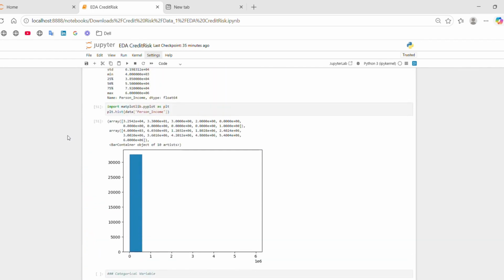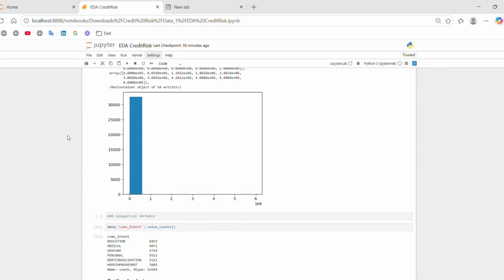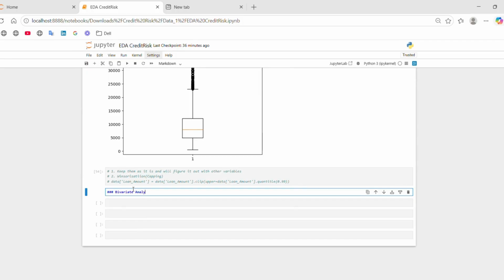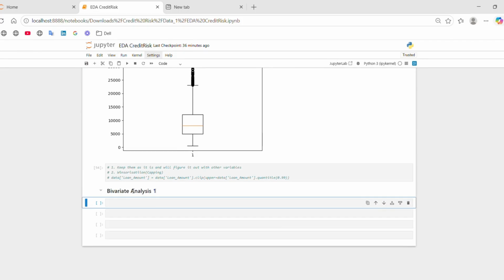Since you are working on one variable only, that means it is a univariate analysis. But when two variables come into the picture, and most importantly the other variable is the target variable, so you are figuring out each variable's relationship with the target variable, then you are doing bivariate analysis.